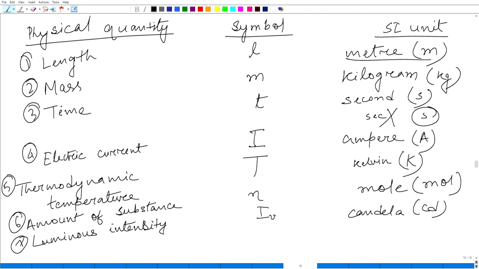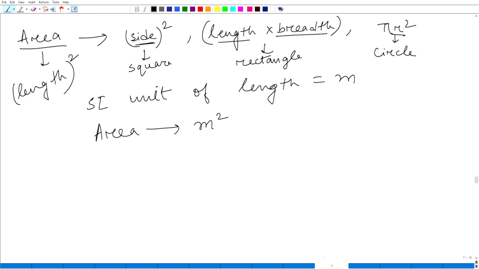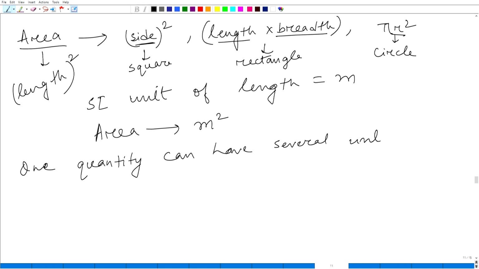Now again, if we are talking about the distance between two cities, we will not measure it in meters. They are so large that we measure them in kilometers. So, one quantity can have several units.